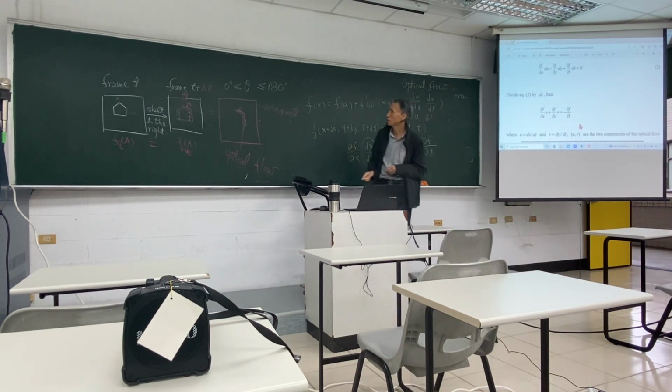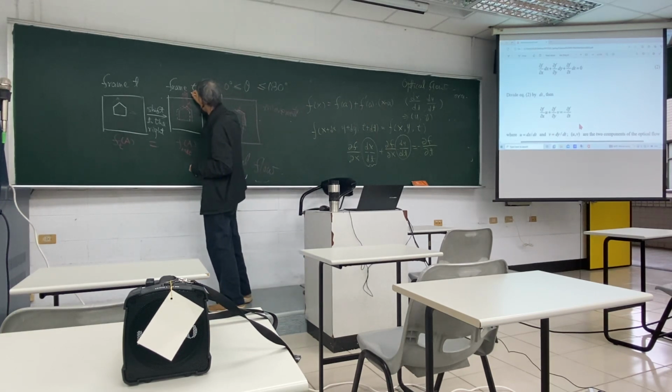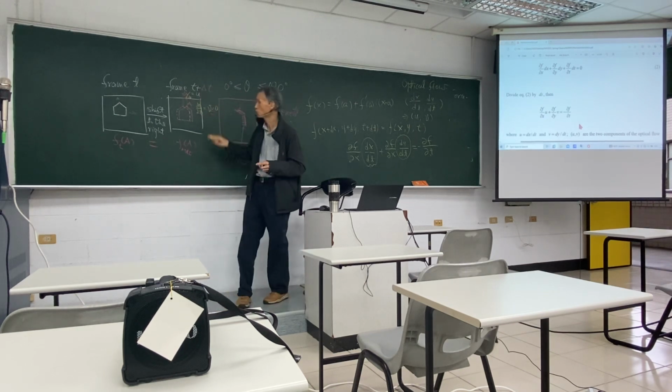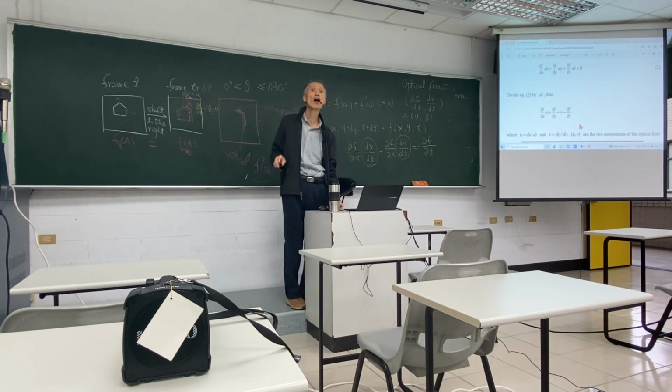So for this case, u is dx over dt, and dy over dt is v. In our case here, v equals 0, we didn't move anything. So what is optical flow? Optical flow is a vector. Remember, optical flow is a vector.